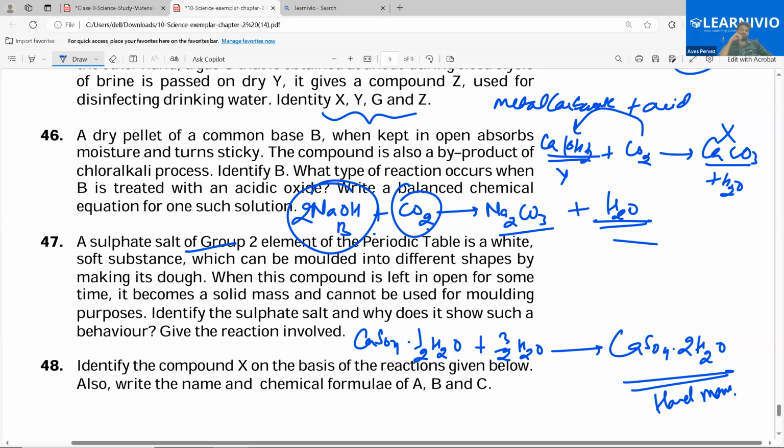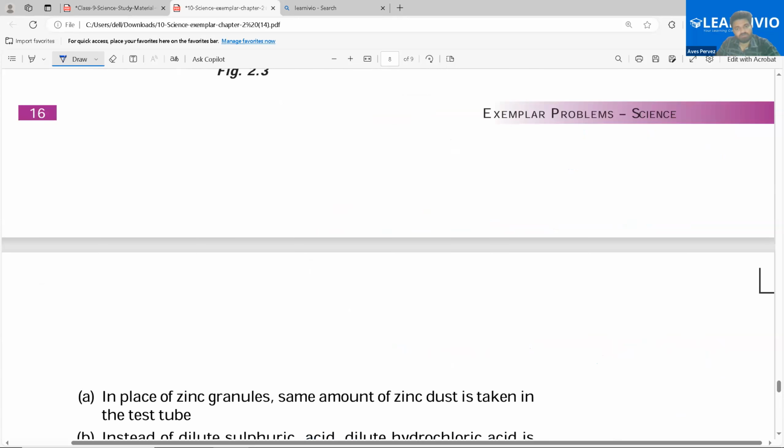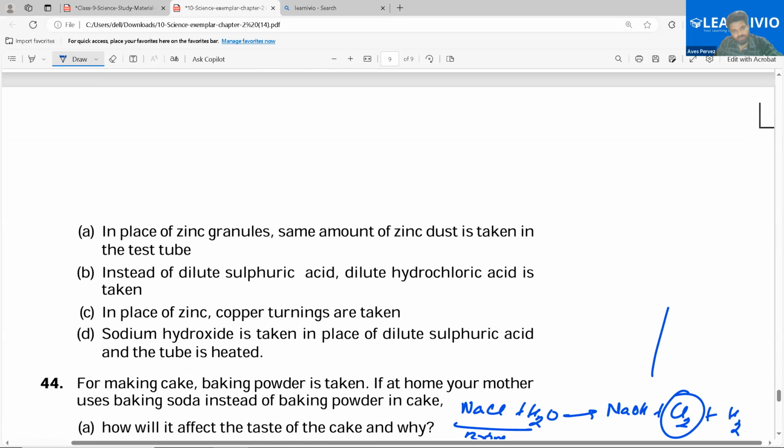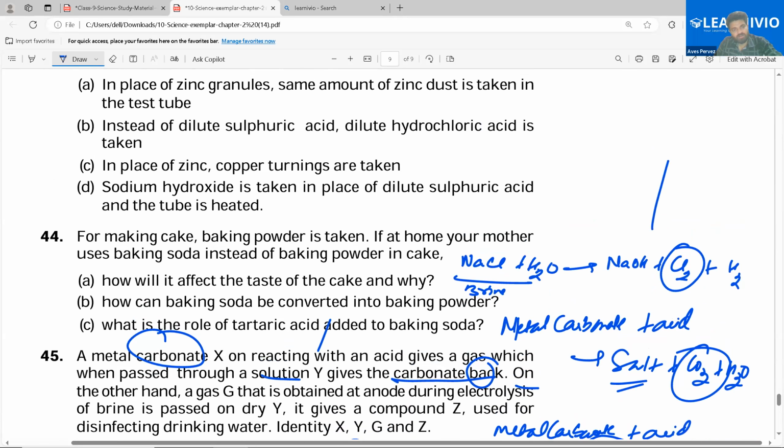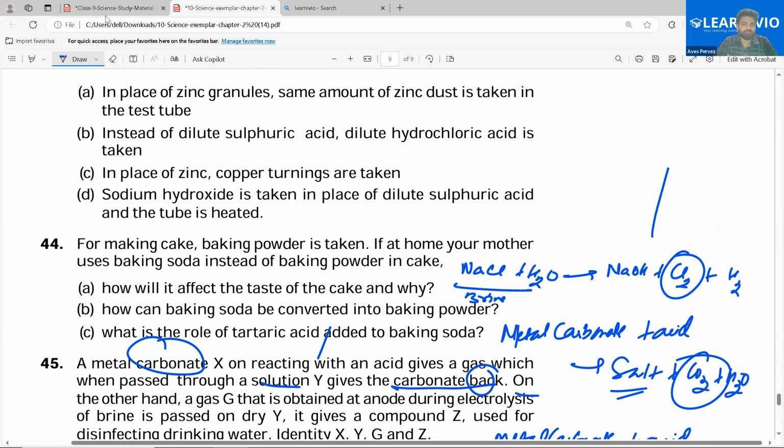Okay. Everyone, please write down question number 44 and then write the answer in your own words. I want to check how you write it. Question number 44.